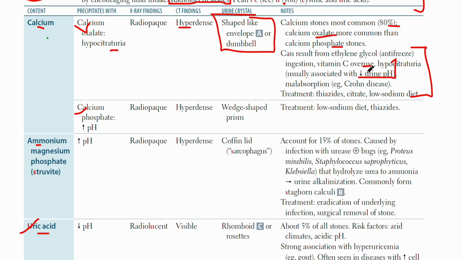This is the one thing you have to remember: decreased urine pH precipitates calcium oxalate stones, but increased pH is there in calcium phosphate stones. You can treat with thiazide, citrate, and a low sodium diet, right? Calcium phosphate stones are also radiopaque in X-ray findings, hyperdense in CT findings, and wedge-shaped prisms are present. The treatment is a low sodium diet and also thiazides, right?